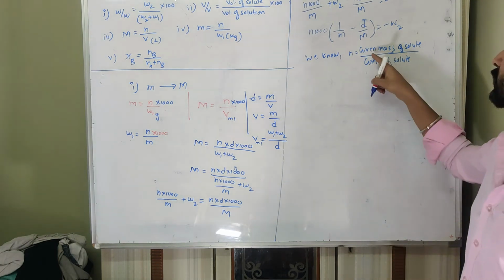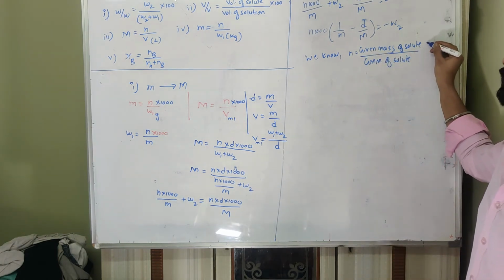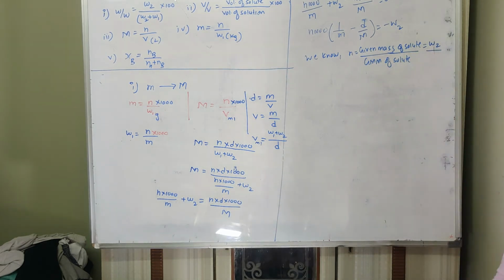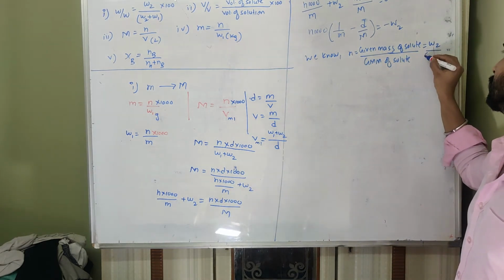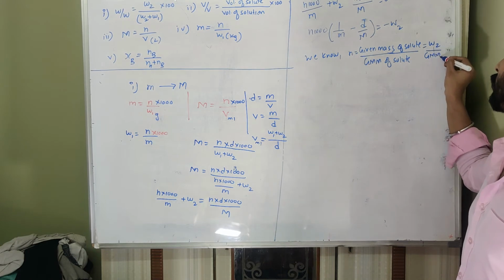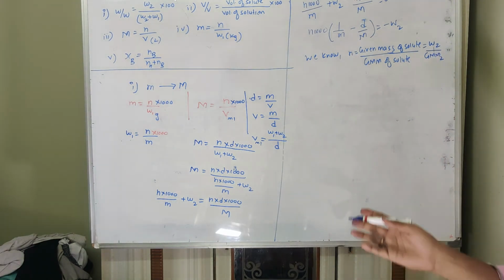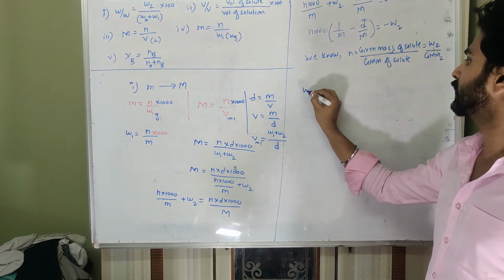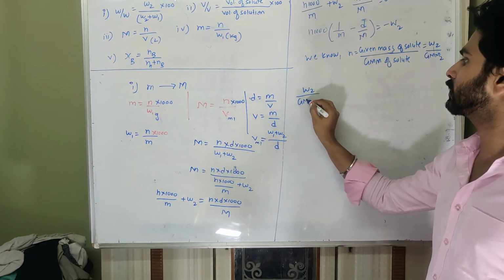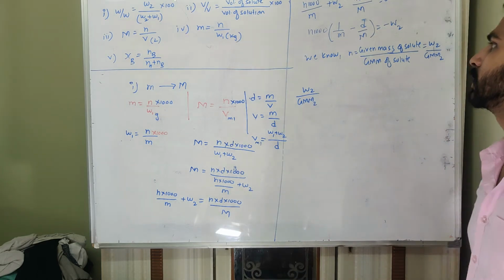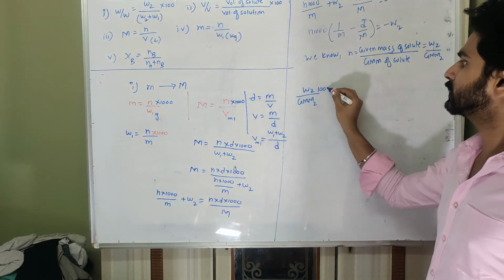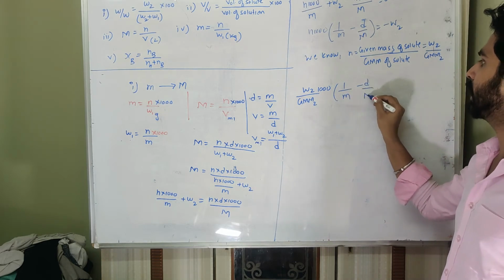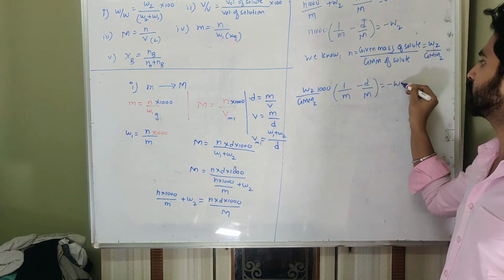Symbolically, let me write given mass of solute, we always write W2, and gram molecular mass, I will write it as GMM of 2. 2 stands for solute, we have already taken everywhere. So when I substitute there, W2 divided by gram molecular mass of solute into 1000, so 1 upon M minus D upon M into minus W2.